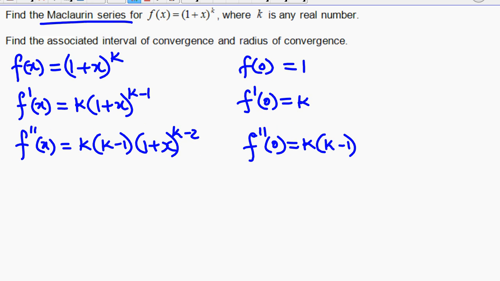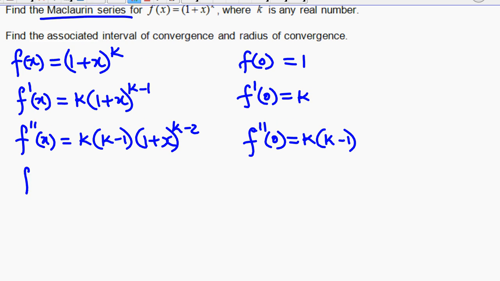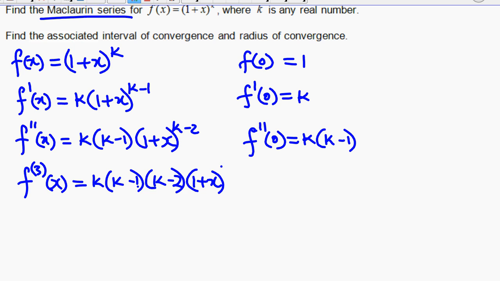The third derivative will be k into k minus 1, k minus 2, and then 1 plus x to the power k minus 3, and the value of the third derivative at x equals 0 will be equal to k into k minus 1 and k minus 2.